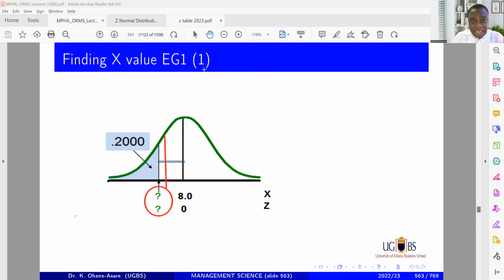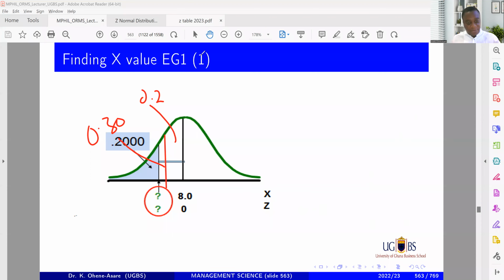That means this section would be 30%, and you would have found 20% and rather gone to read the 0.2 on the Z table. When you read the 0.2, you find the corresponding Z on the left and the Z on the top, and then you can get your Z value.